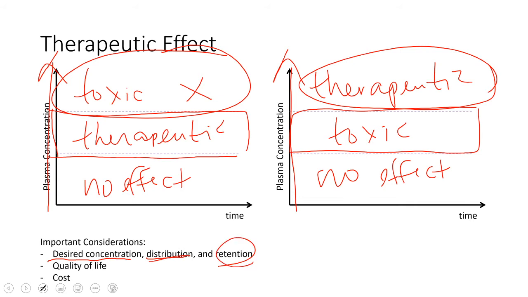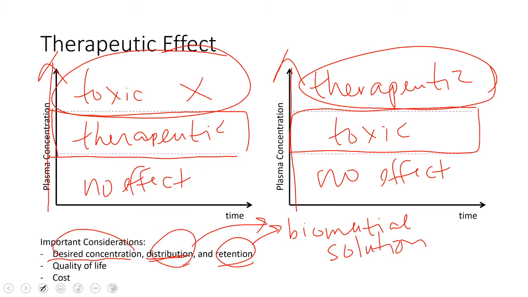If you have to go in for an IV dose every 2 weeks, that is very different from going in for an IV every day. And that's where this could become a biomaterial solution. Actually, all of these can become biomaterial solutions, and I can talk about those later.